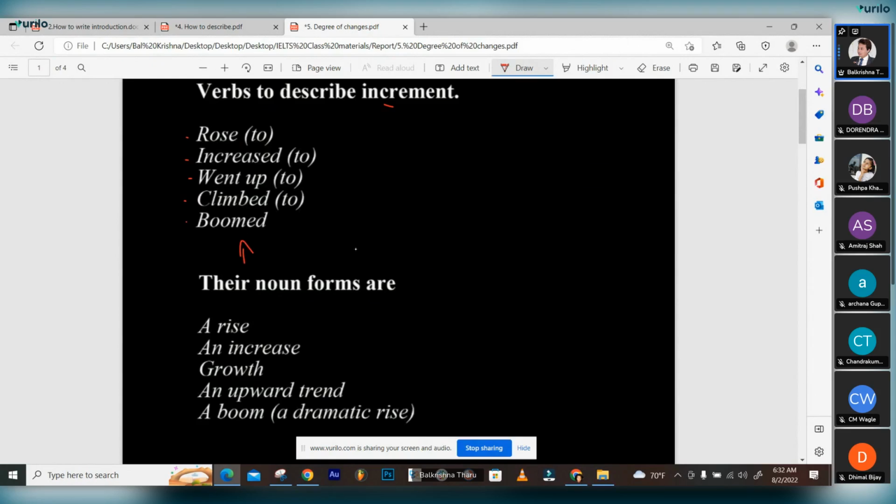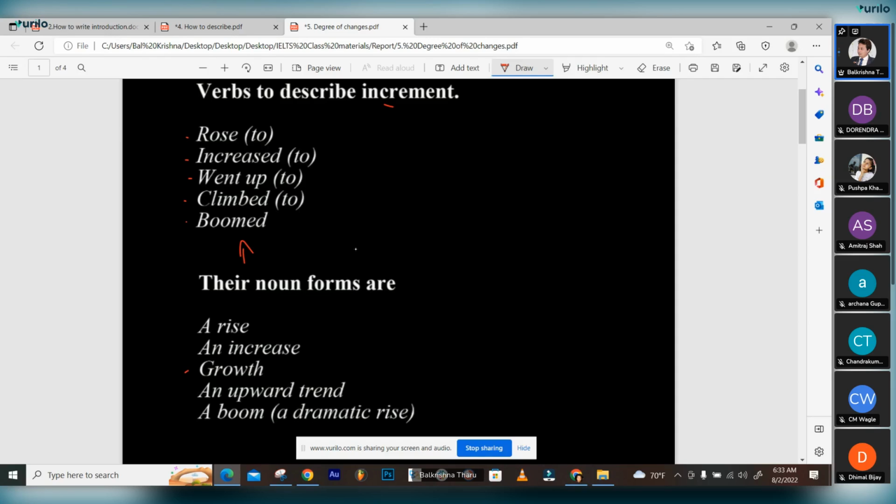Their noun forms are a rise and an increase, growth, an upward trend, a boom, a dramatic rise.